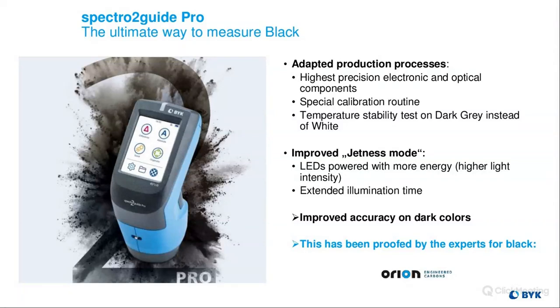And then we improved the jetness mode by making the LEDs more powerful with a higher energy. And we used that extended illumination time, so it had more time to calculate what that color is. And you can see down below, this is Orion Engineered Carbons. So they're the company that actually helped create this instrument here.